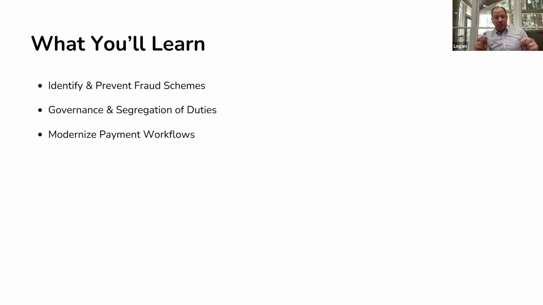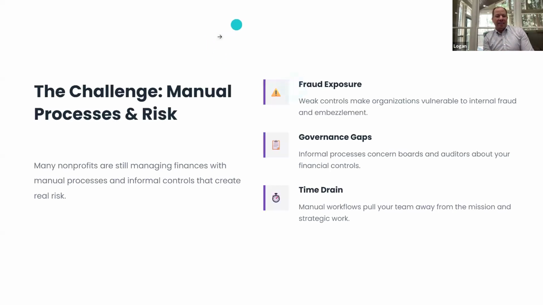The common theme, and this is on the next slide, Omar. The common theme here is the challenge of manual processes and risk. A lot of nonprofits, as both Ankle and Pluto work with organizations like yours, are still managing finances with a really manual process and informal controls, and both of those create real risk.